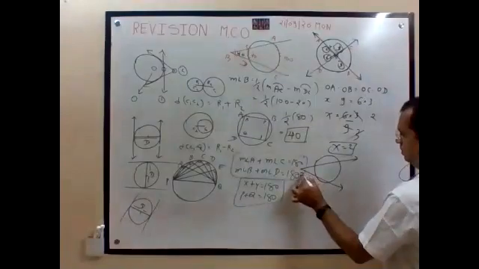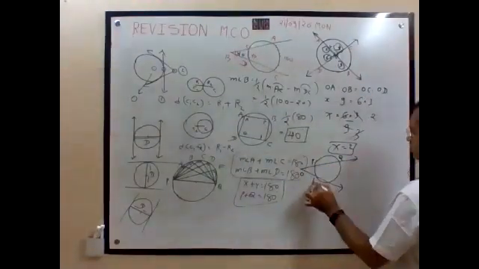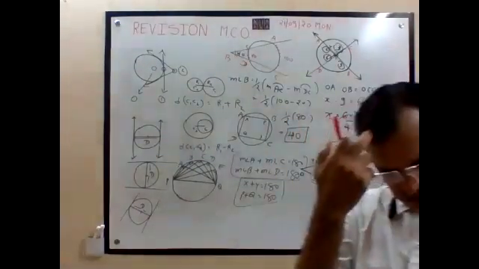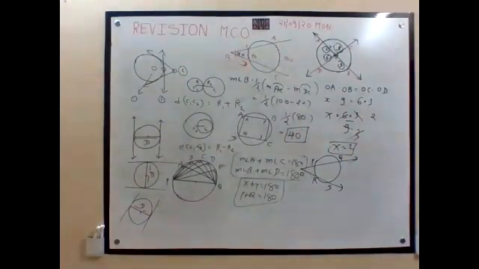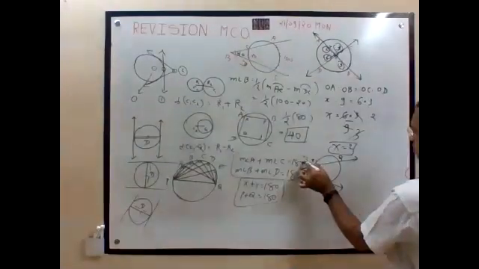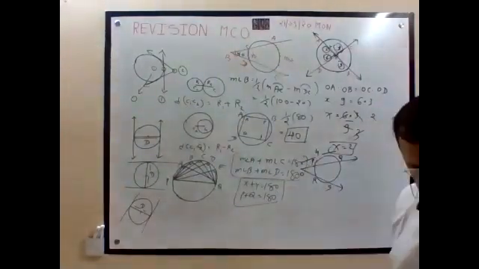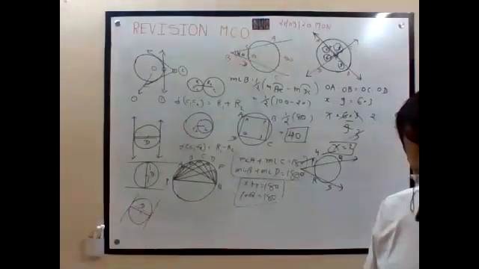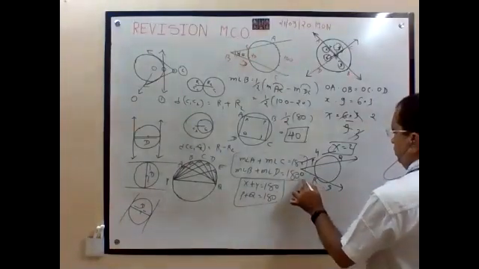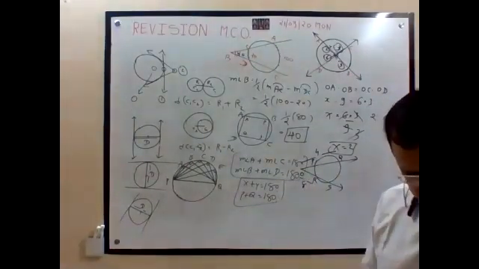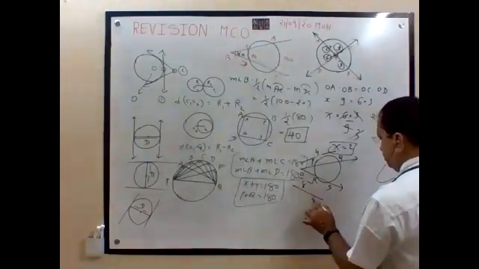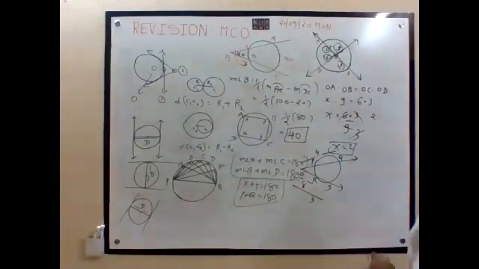Now, O, P, Q, R and S. OQ is equal to 4. Total it is 4. OR is equal to 8. OS is equal to 3.